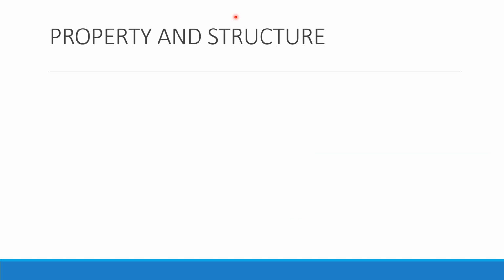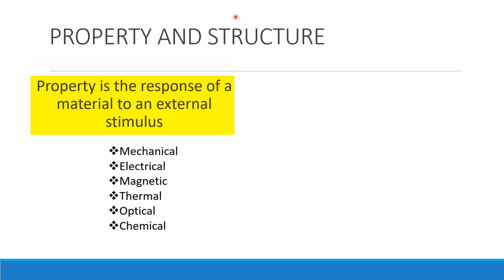We have been talking about two different, or we have said somehow, when we go to the scientific part, to the material science side of the tetrahedron, we have put the focus in the property and the structure. What are these two concepts? Okay, if we go for property, property is the response of a material to any external stimulus.